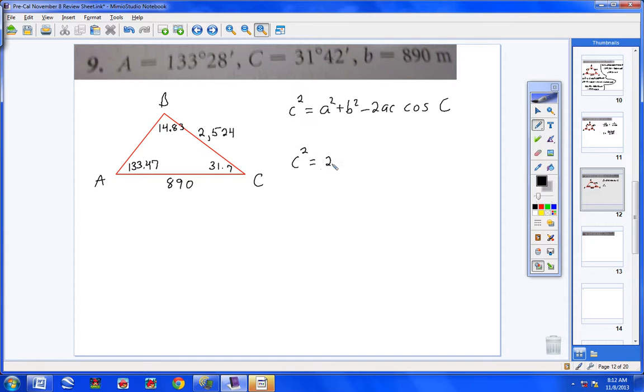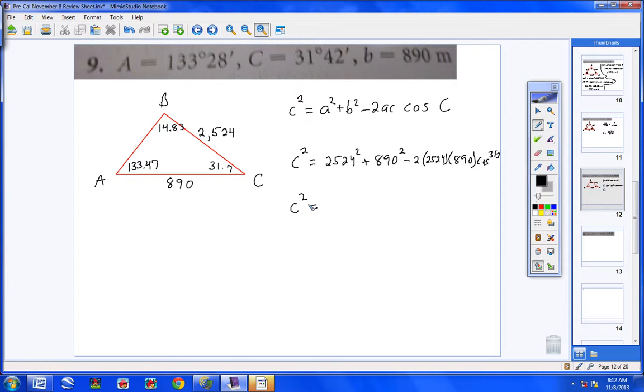So A would be 2,524 squared plus 890 squared minus 2 times 2,524 times 890 times cosine of, and I should not have put C there. I should have put 31.7. So 31.7 degrees. Okay, let's type this whole thing into our calculator very quickly.